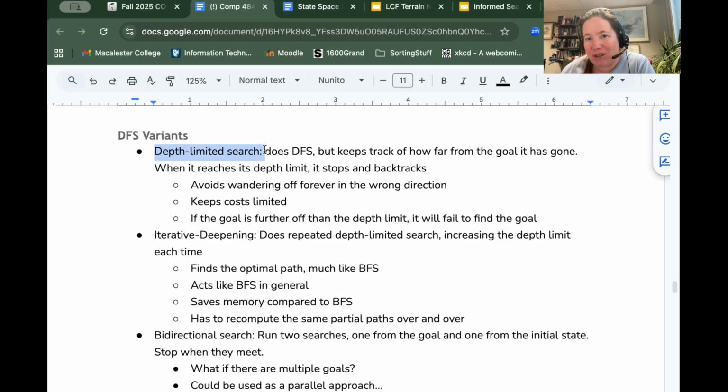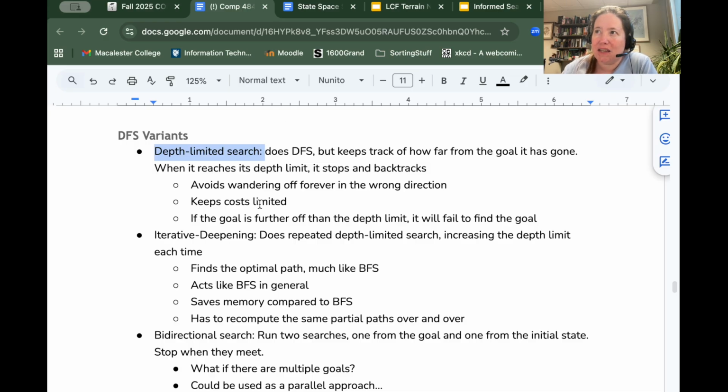This is a nice variation, especially if you have a sense of about how many steps there should be to a solution. It's particularly good for spaces, as we've mentioned before, where you have lots of different solutions. So finding one within, say, 4 or 5 steps, or 10 or 12 steps, or whatever it might happen to be, is a reasonable expectation. So it does avoid this wandering off problem.